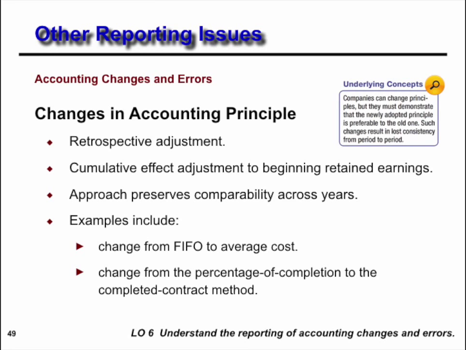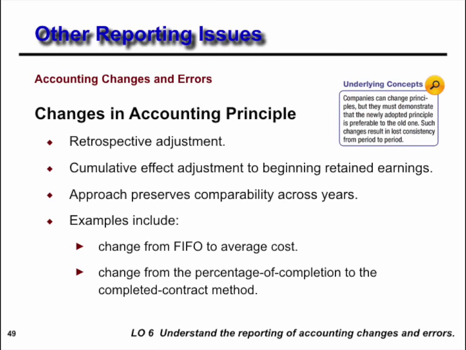Accounting for a change in accounting principle. A change in accounting principle may be a voluntary change from one generally accepted accounting principle to another, or a mandatory change because FASB has adopted a new principle. A change in accounting principle also includes a change in the procedures used to apply the accounting principles.